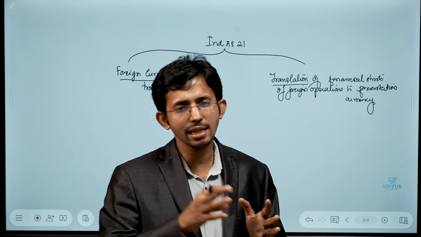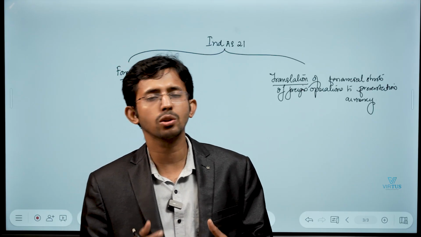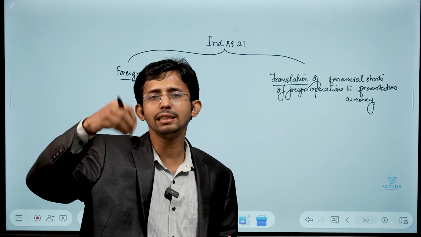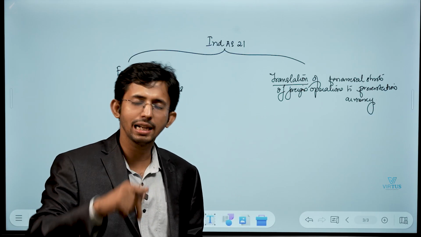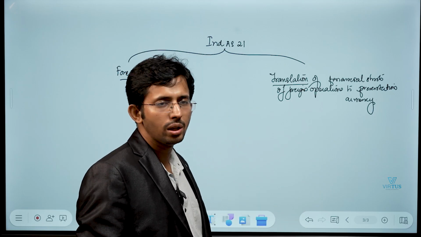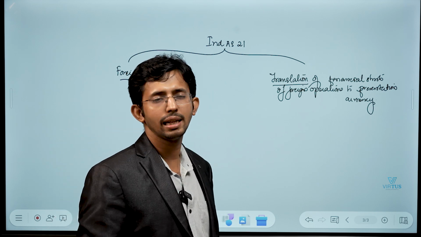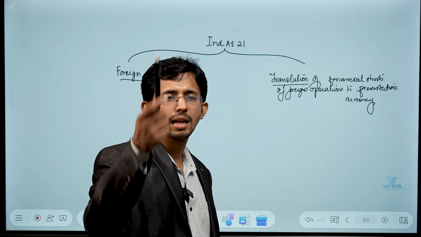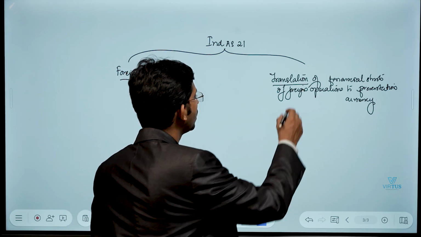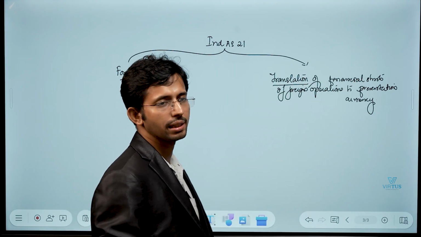So if the functional currency is different from the presentation currency, the financial statements or financial records prepared in the functional currency will have to be translated to the presentation currency, and presentation currency is what? Indian rupee. So the financial statements of operations in US or UK, Australia or Netherlands, whichever one, have to be translated or converted into what? Indian rupee. That process is what is covered here, translation of financial statements of foreign operations into presentation currency.